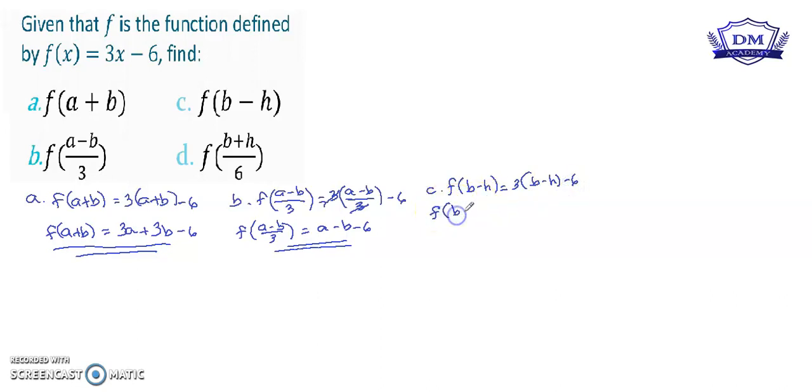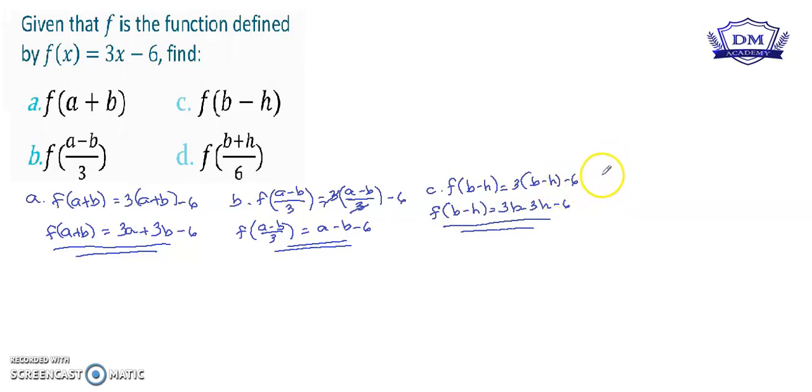So f of b minus h is equal to, distributive property again, multiply 3 to b minus h. You have 3b minus 3h minus 6. That's it. This is our f of b minus h.